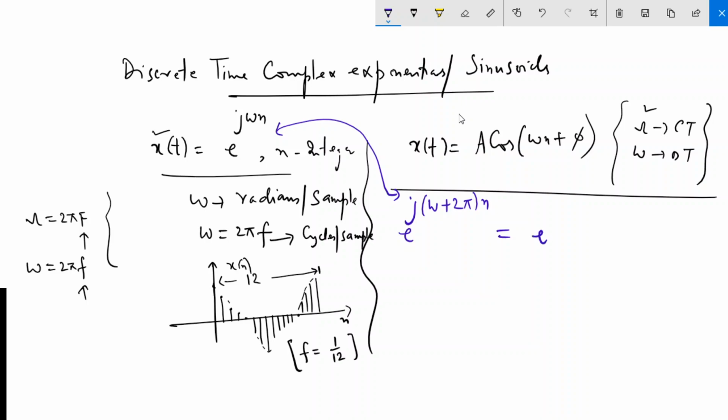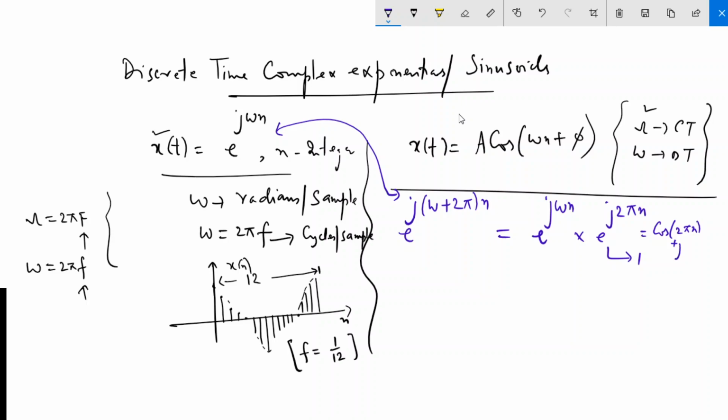If you see this signal, it becomes e raised to power j omega n multiplied with e raised to power j 2 pi n. And e raised to power j 2 pi n, where n is an integer, is nothing but 1. It is cos 2 pi n plus j sin 2 pi n, where cos 2 pi n is 1 and sin 2 pi n is 0.